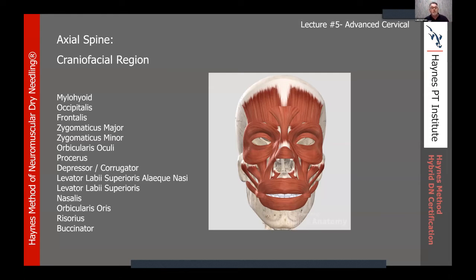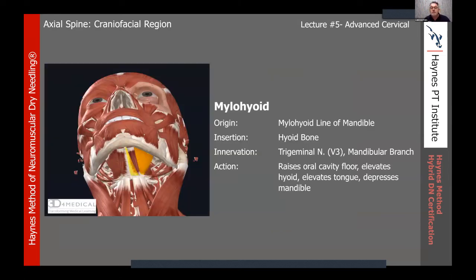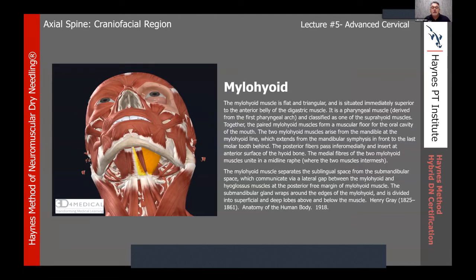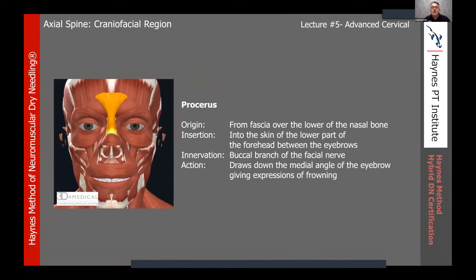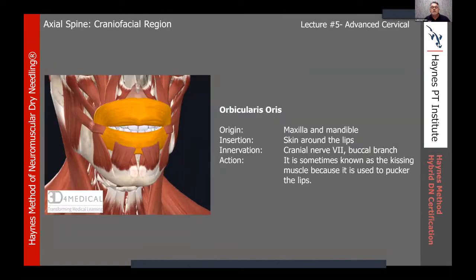Most of these come into play whenever we start looking at Bell's palsy. So I will go through them as rapidly as possible so that we can get to our protocols. Let's see here. So let's get on to our 3D anatomy first.